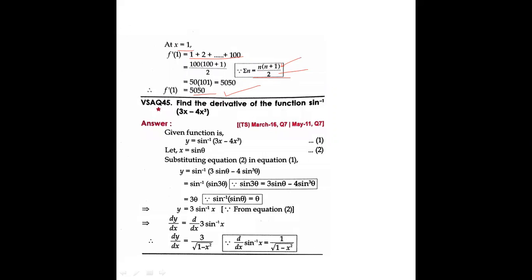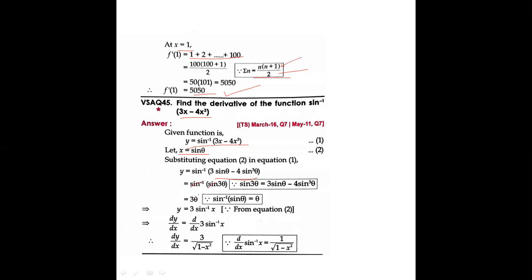Next, find the derivative of the function sine inverse of 3x minus 4x cube. So first of all, here we are going to use which rule? We will be using the chain rule. This function y is equal to sine inverse of 3x minus 4x cube is given to us. Now x is equal to sine theta. So we will substitute x is equal to sine theta because sine inverse is given to us.